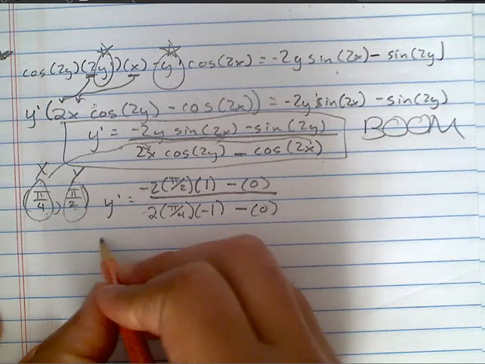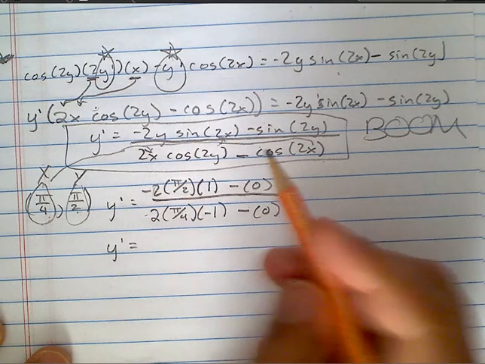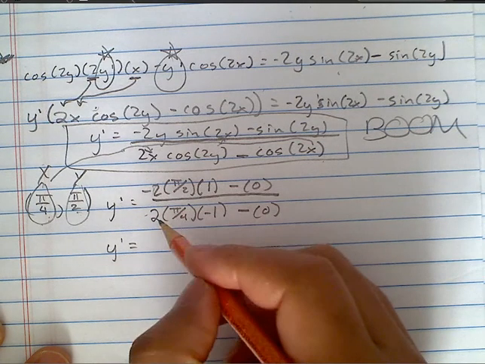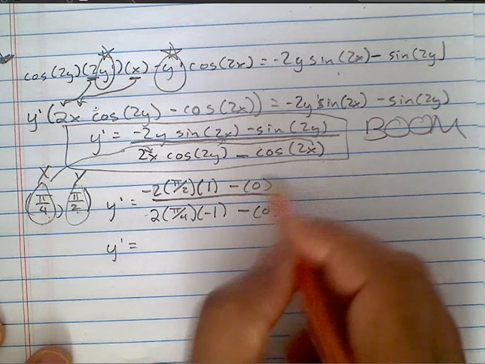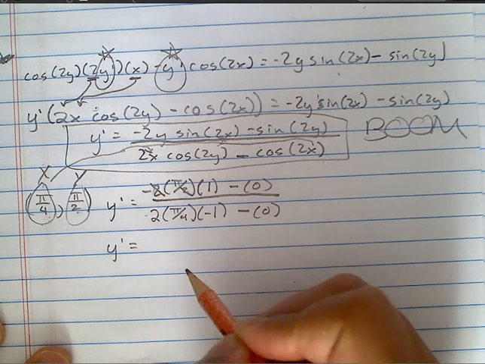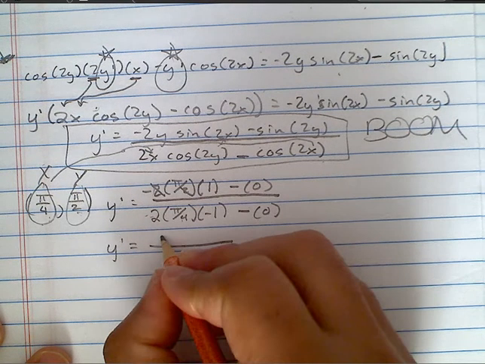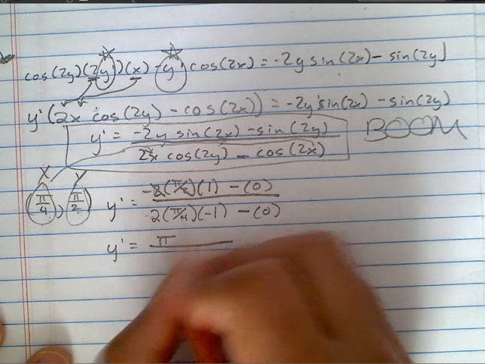So y prime equals, you can't cancel those. Actually you can, because those are gone, but I would rather just simplify, cancel here, and 2 times pi over 4 is pi over 2. So you end up with pi times 1 is pi.